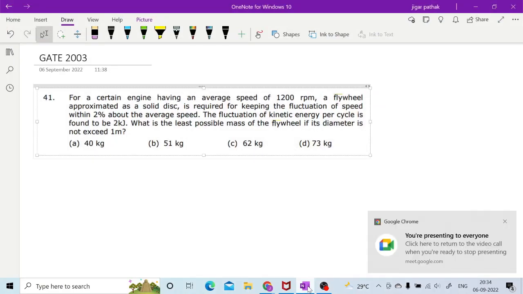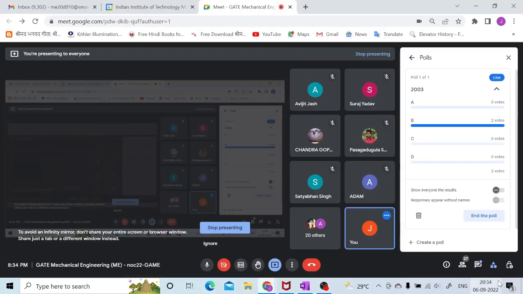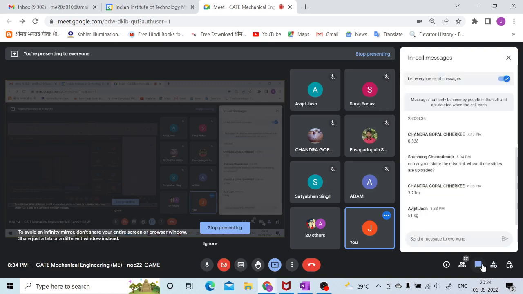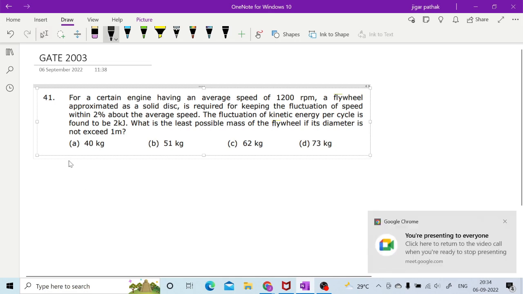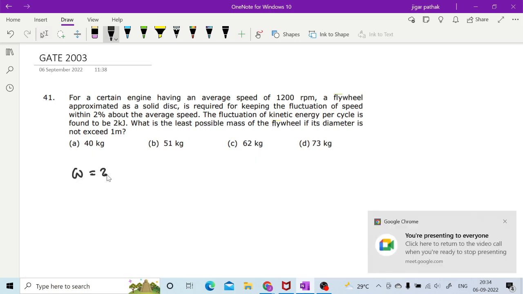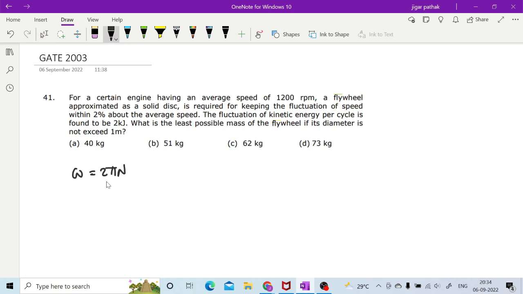All of you are done? Yes, 51 kg is the correct answer, because what you have to do is calculate omega from this mean speed or mean rpm given, right? That will be around 125.66 radian per second, right?